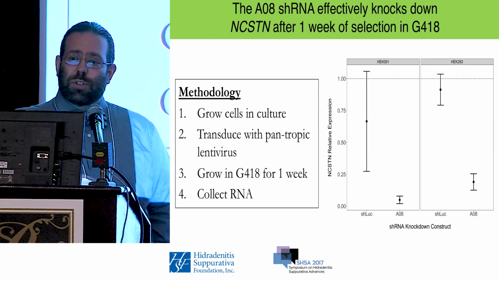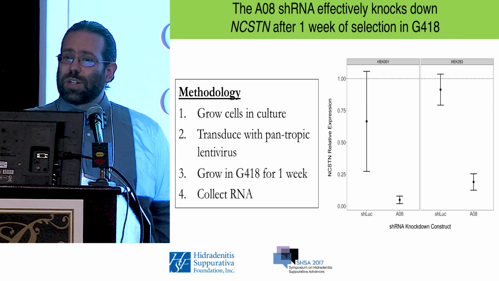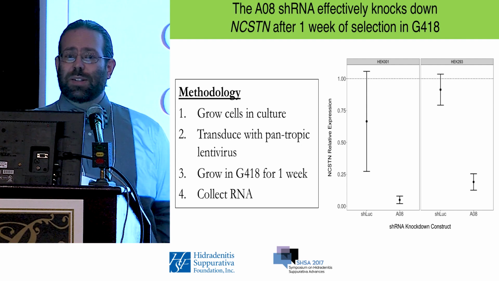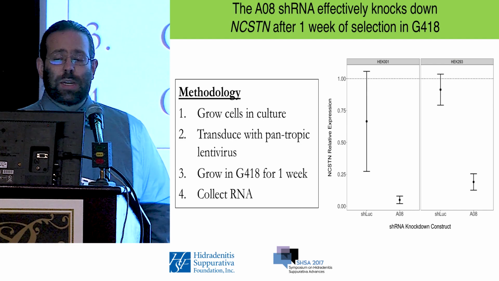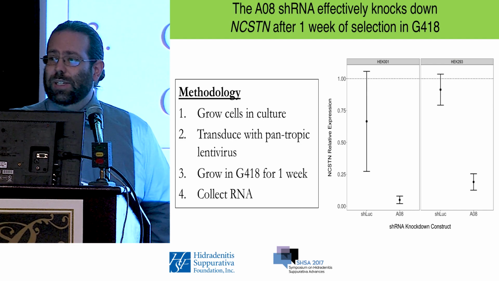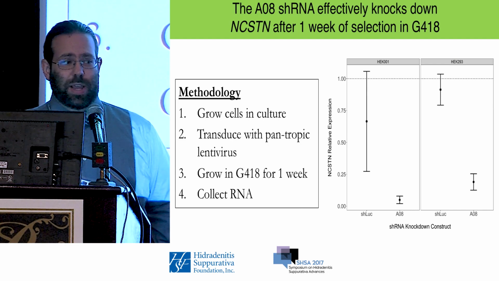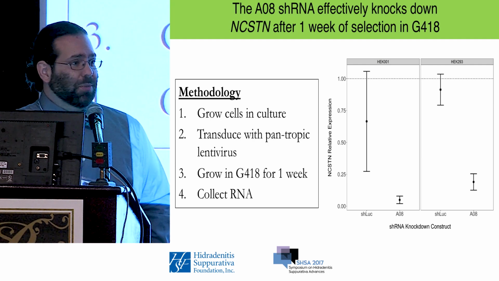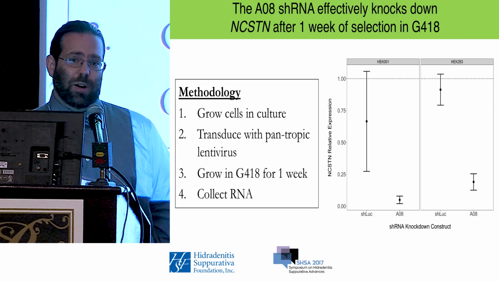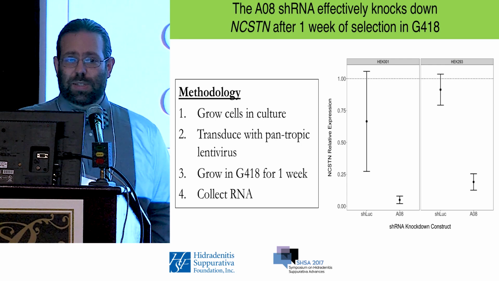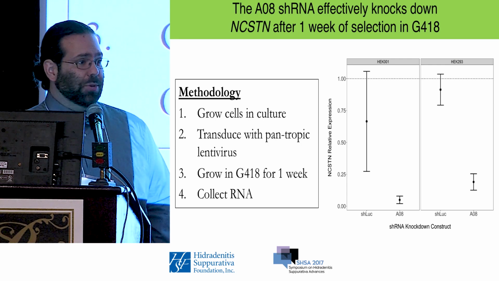Now, whenever you do this kind of transduction, even though it is highly efficient, you still get a mixed population. Some cells have your shRNA plasmid and some cells don't. We wanted to purify that out. So the plasmid with the shRNA also has a resistance construct to G418. We took our transduced cells and treated them with G418 for a week, to kill all the cells that don't have a short hairpin construct, leaving only the cells that actually have the shRNA we're interested in.